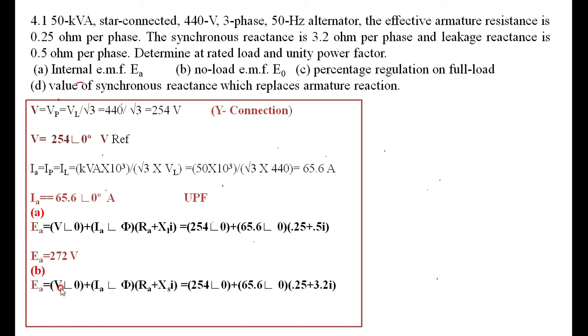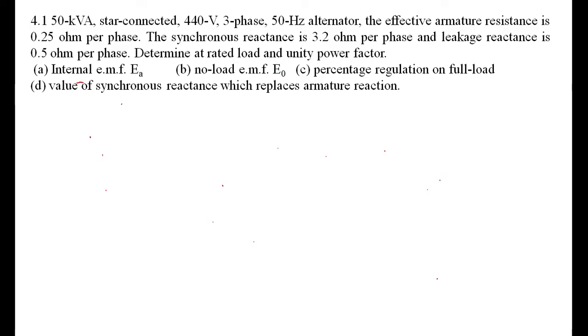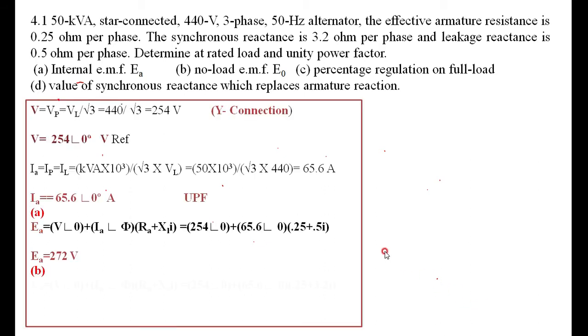Therefore, E naught is equal to V at an angle of 0 degree plus IA at an angle of phi into RA plus j XS. For the internal voltage I took XL, but for the no load voltage it is XS, that is what we call the no load EMF.